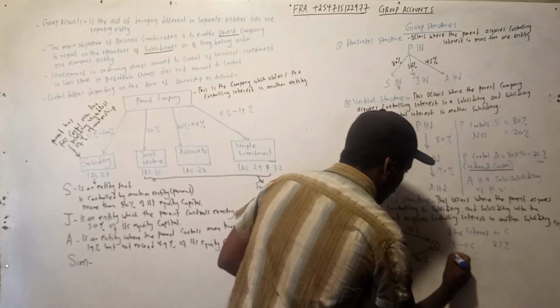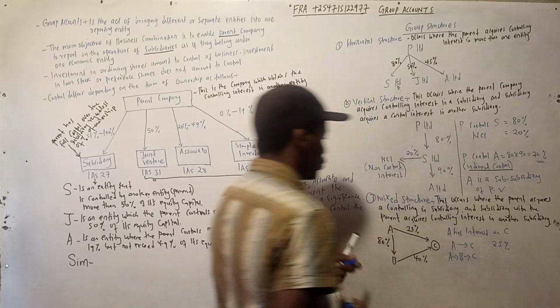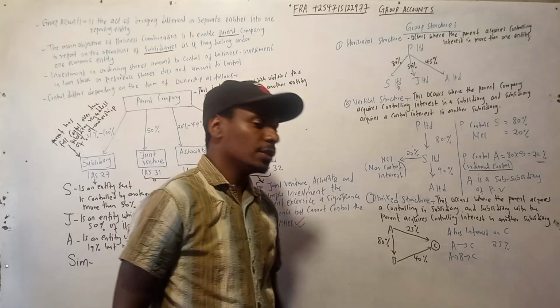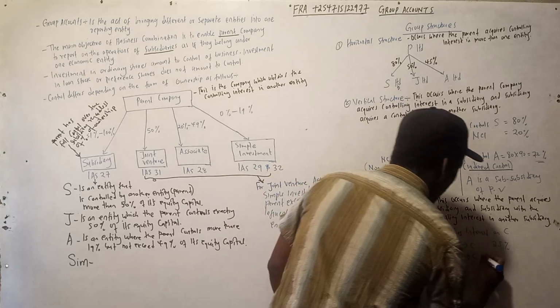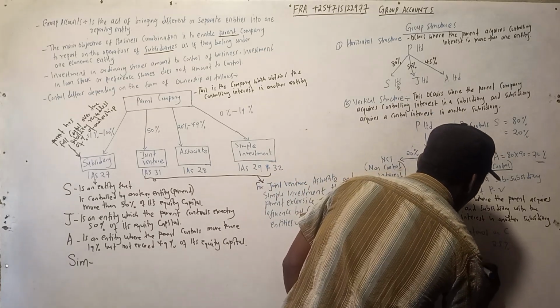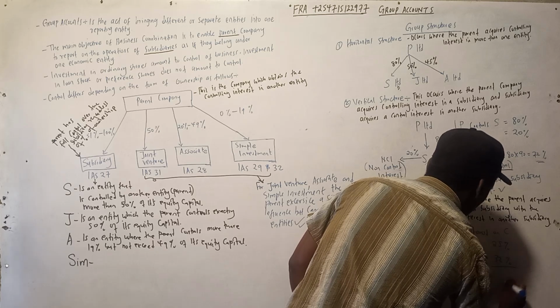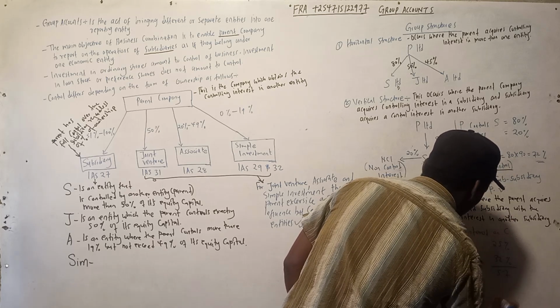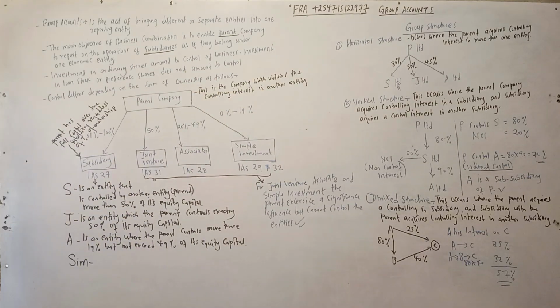Then A through B through C. So A controls C directly, and also A controls C through B, which is 80% times 40%, which is 32%. Meaning the total is 57%.